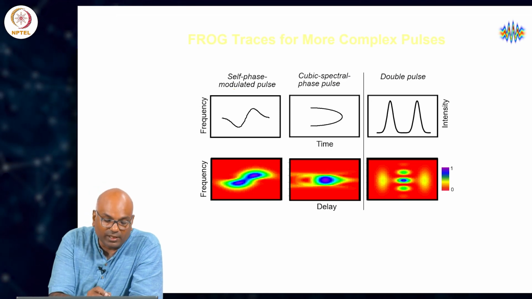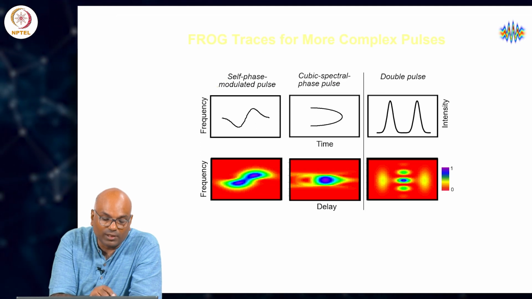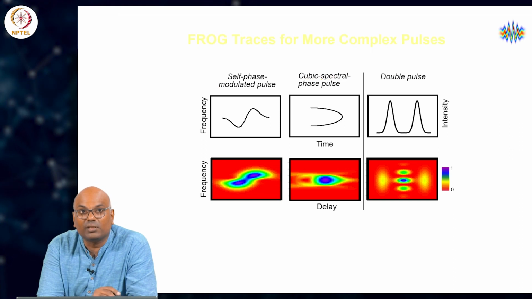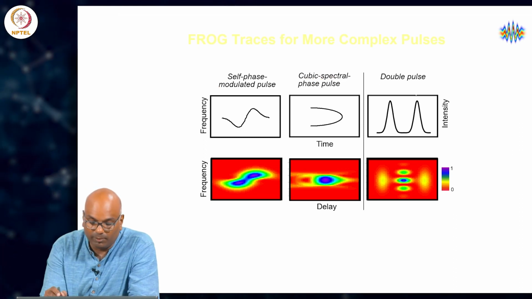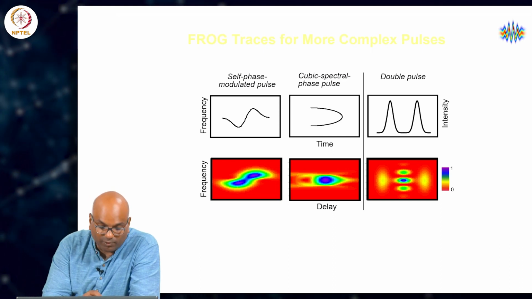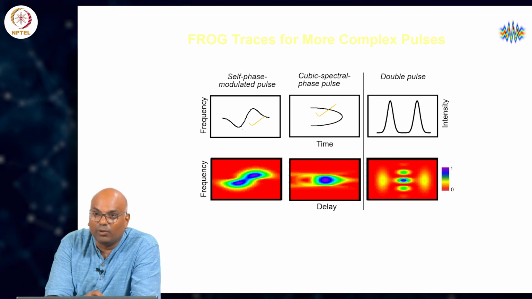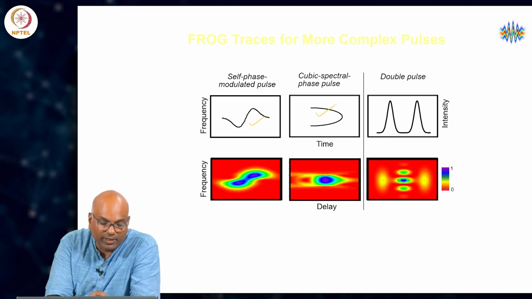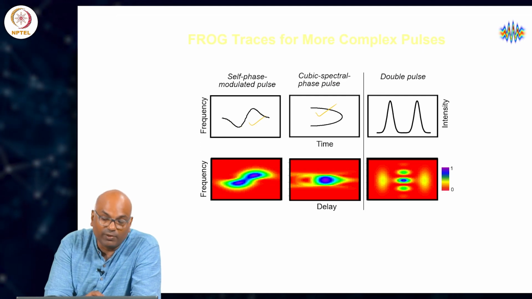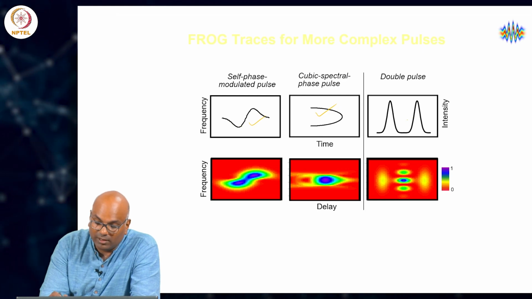We had various kinds of scenarios where we could have self phase modulation occurring in a pulse, we could have some cubic spectral phase happening in a pulse, we could have had double pulses. The nice thing about it is the FROG trace reflects each of these. Here we have a quadratic sort of phase dependence, instantaneous frequency could vary quadratically with respect to frequencies, here it could be something else, here it is even something else.